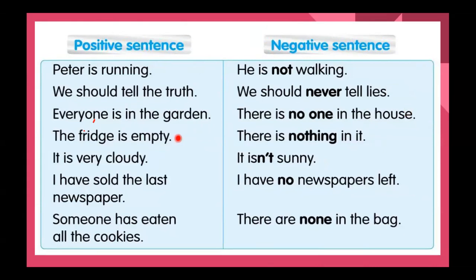The fridge is empty. There is nothing in it. It is very cloudy. It isn't sunny. I have sold the last newspaper. I have no newspapers left. Someone has eaten all the cookies. There are none in the bag. Right.